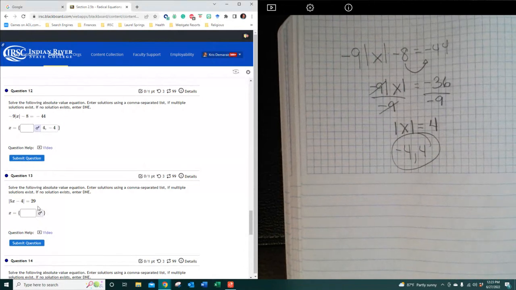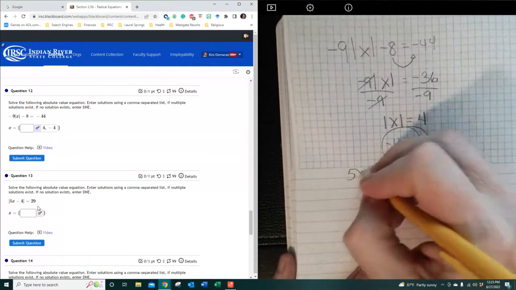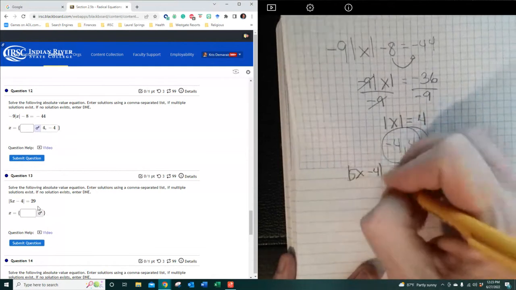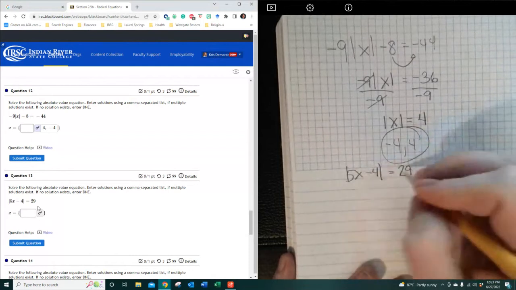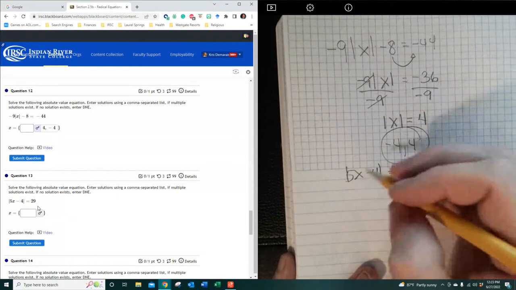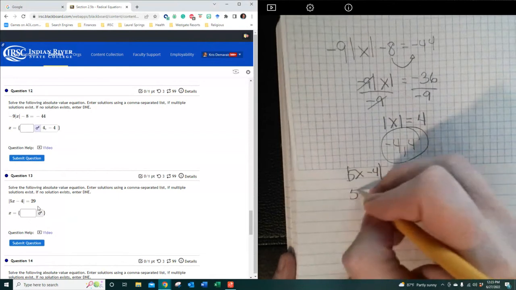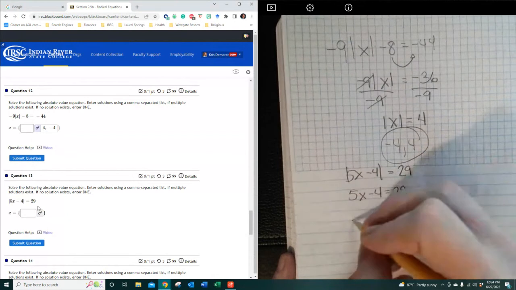All right. So when you're looking at this, the next question, to solve them, as long as it's positive here, then all you've got to do is say this and then this.